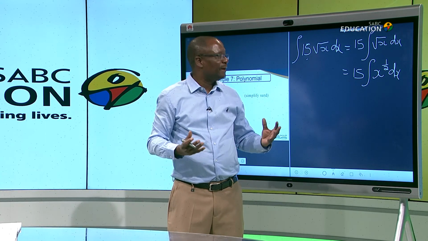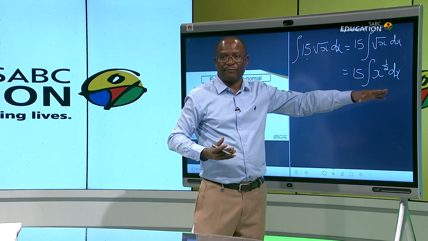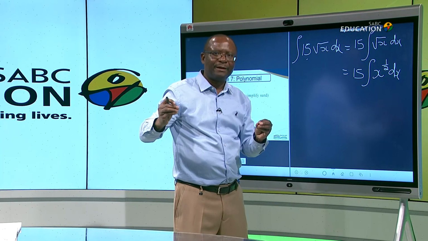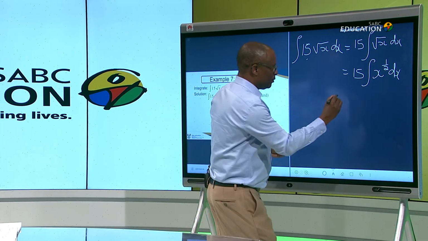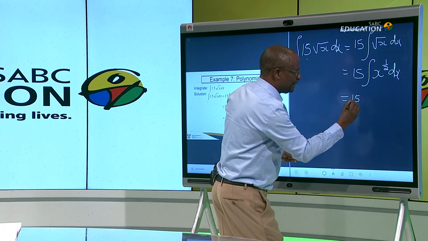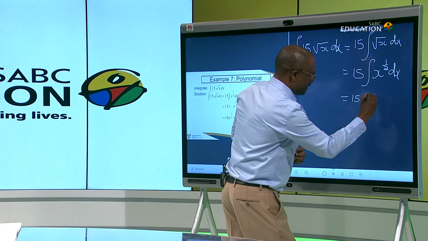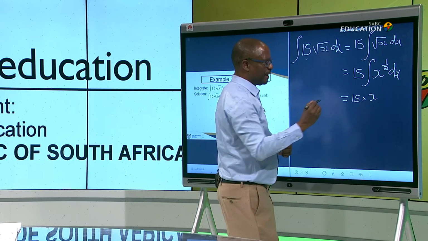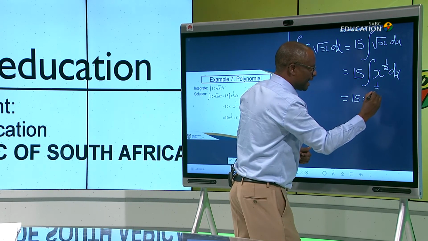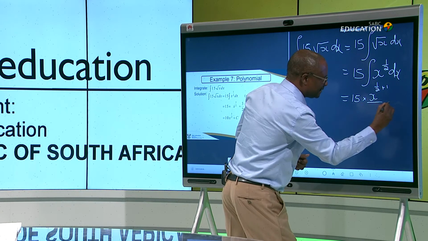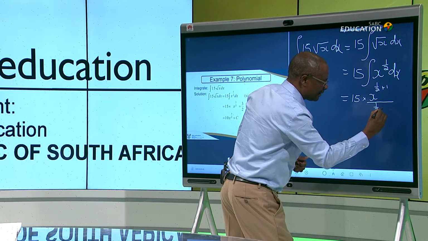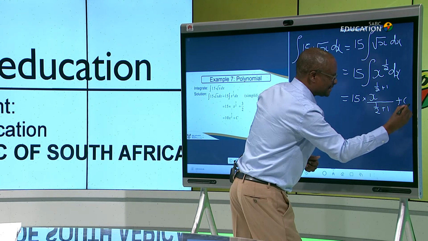Now if it is in a simplified exponential form, you can apply the power rule. Then the answer will be 15 multiplied by x to the exponent of half plus 1, divided by half plus 1, plus c.